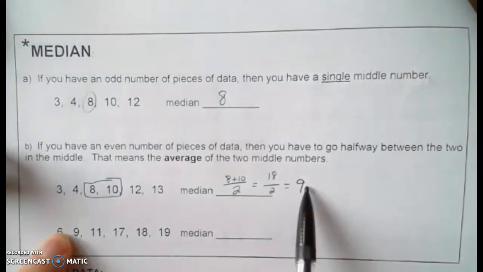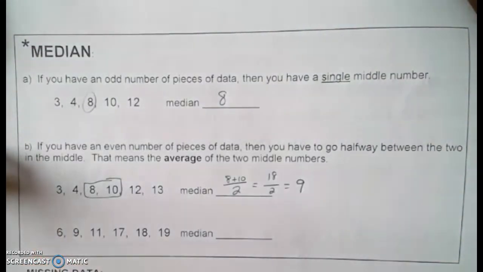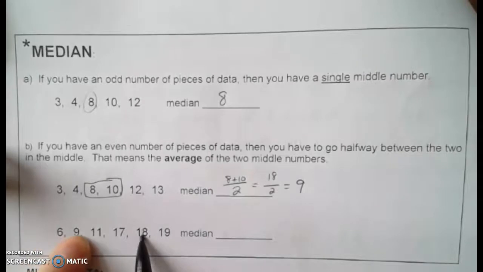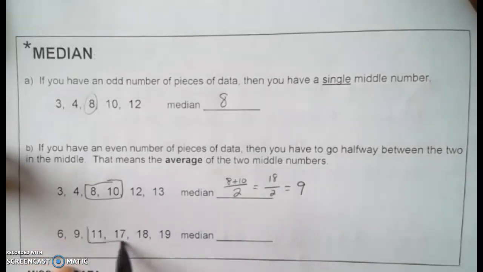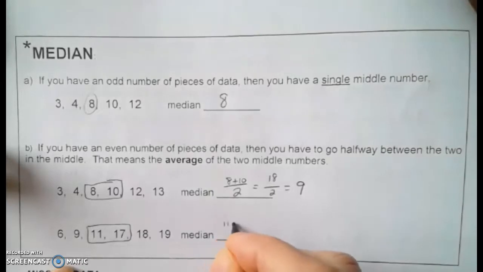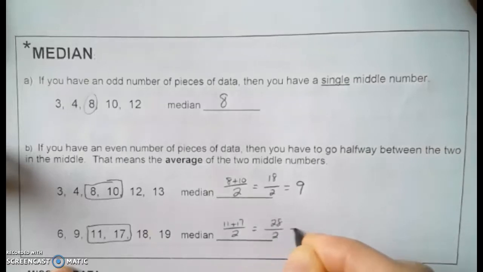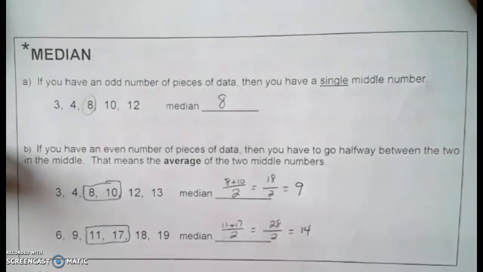So the median in this example is 9. With this set of numbers, again, I've got 6 of them. I'm going to move in until I find the two middle numbers, and in this case, it's the 11 and the 17. So to find the median here, I'm going to do 11 plus 17 and then divide by 2. 11 plus 17 is 28, and half of 28 is equal to 14.